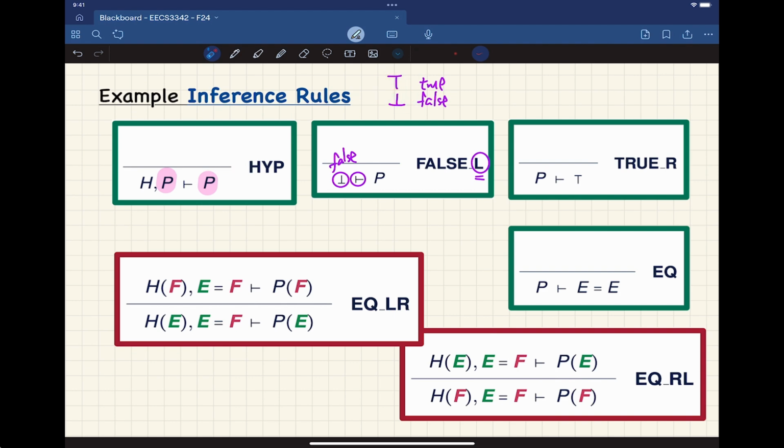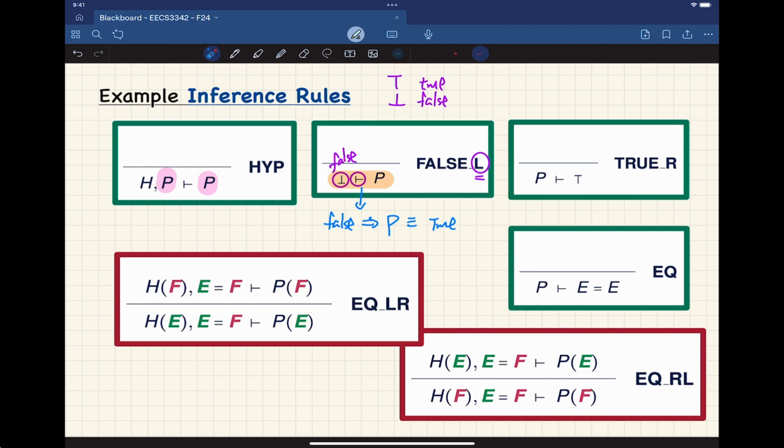Okay. So if false appears to the left of the turnstile, it will be as if you say false implies P. Of course, it's automatically proved, right? Don't forget the turnstile also means implication, formally. So this one corresponds to false implies P, which is equivalent to true.